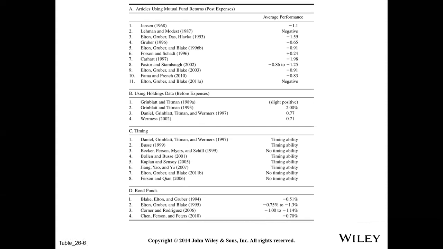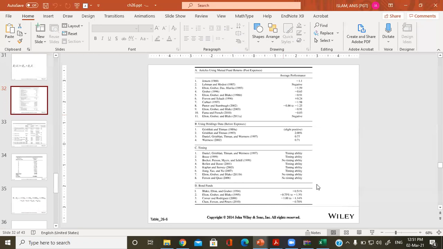You see, the management expenses and 12B fees will be realized from the investment made by the investors. But before expenses, it is expected that funds may report some slightly positive performance.